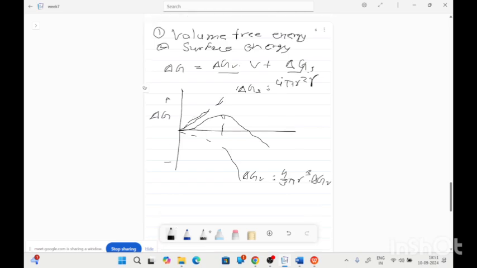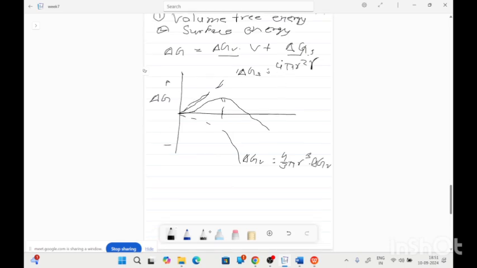Initially the dominant term is the surface energy, as the solid nuclei radius is very small, so the surface area will be high. So the surface area term will dominate.